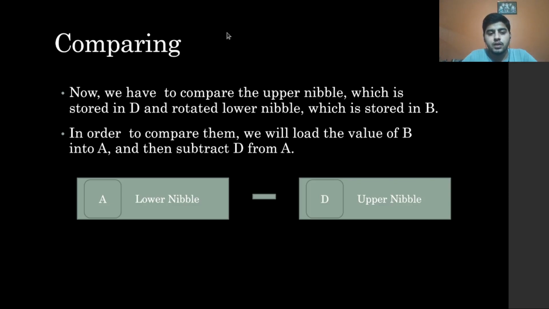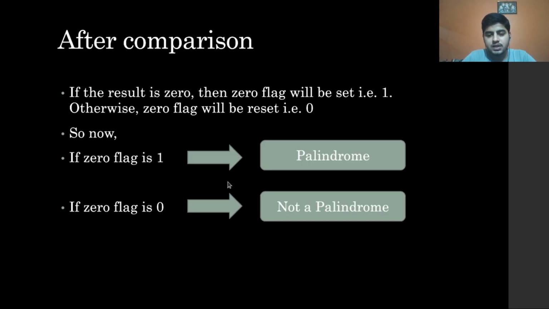Let's say we have stored the upper nibble into the D register, and the rotated version of the lower nibble is stored in B. To compare them, we can load the value of B into the accumulator and subtract D from the accumulator, and if the result is 0, it means it is the mirror image.